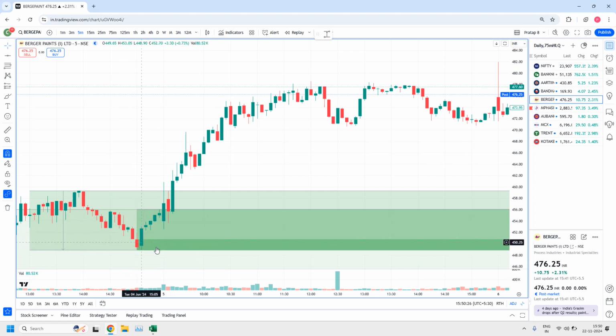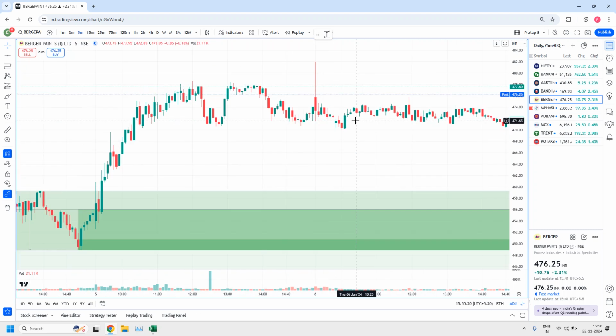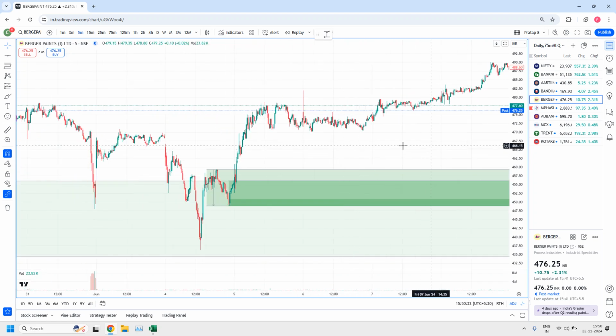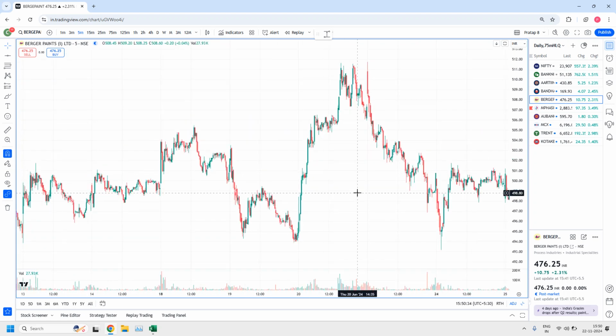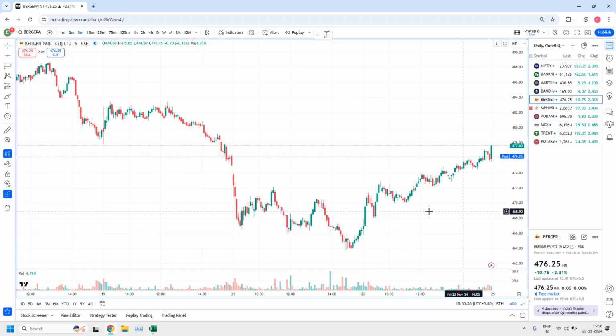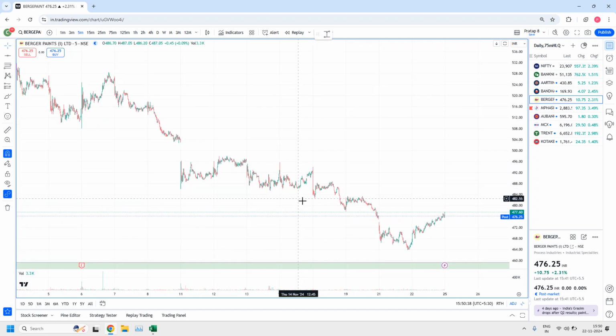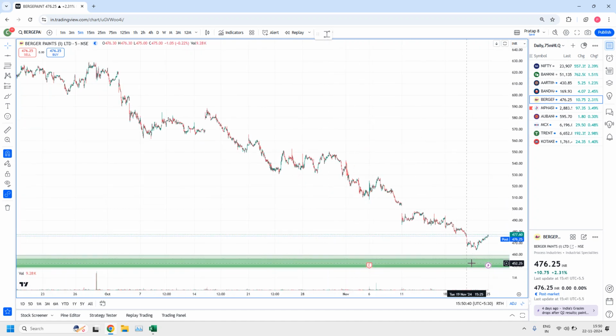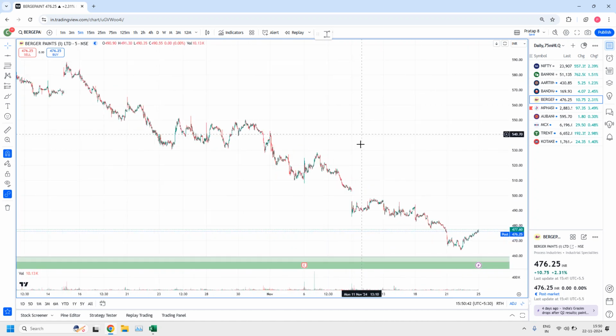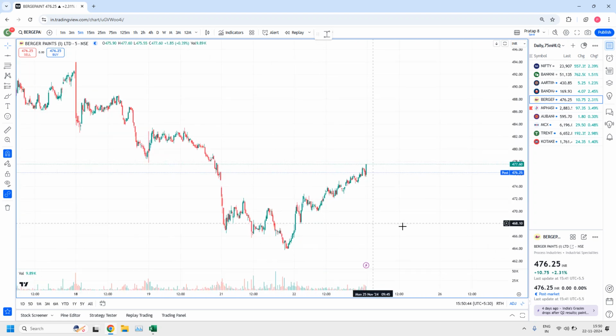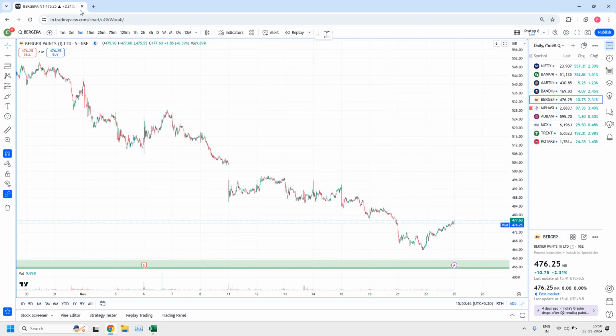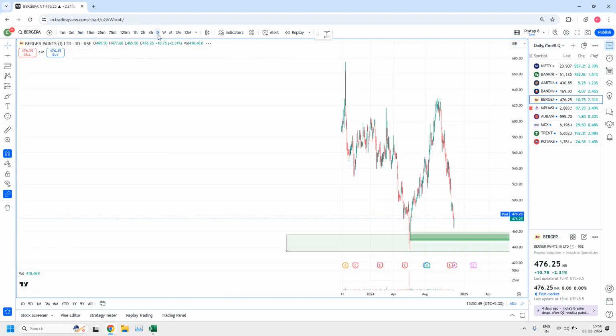So here you have a fine-tuned 5 minute zone. This is the area where we actually planned our trade, but today prices did not enter into this zone. Otherwise we would have got a very good trade in this zone because it is an excellent 5 minute zone. So Berger Paints, we didn't get a trade.